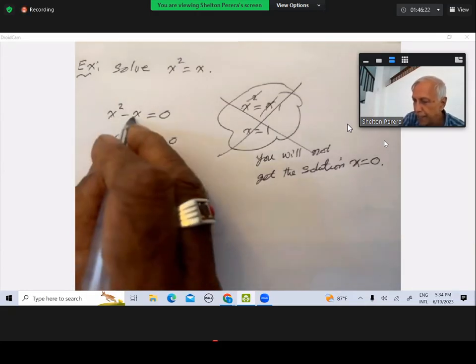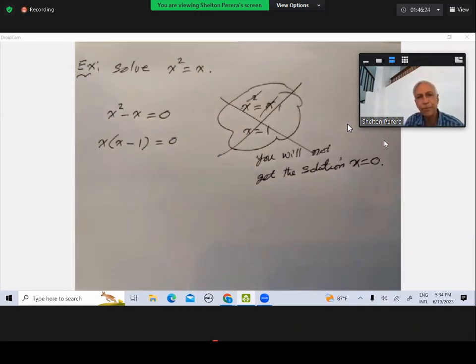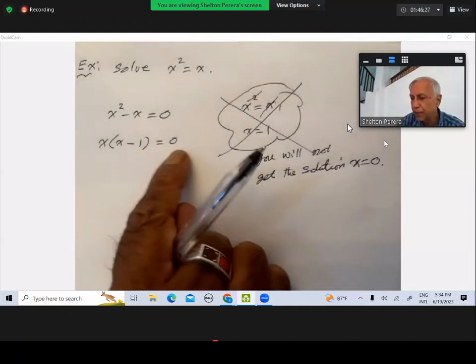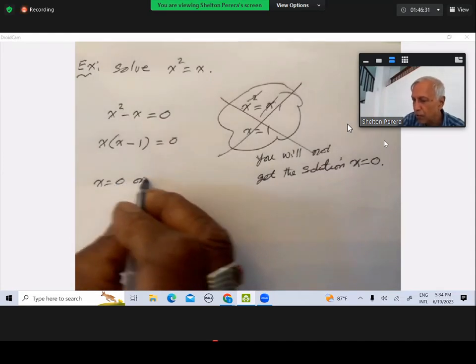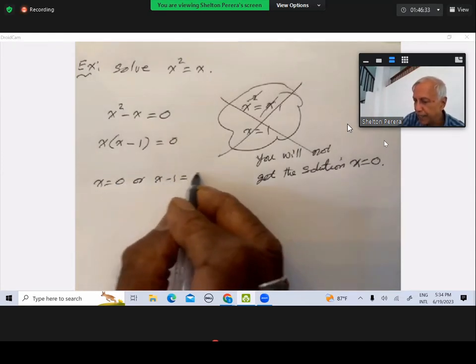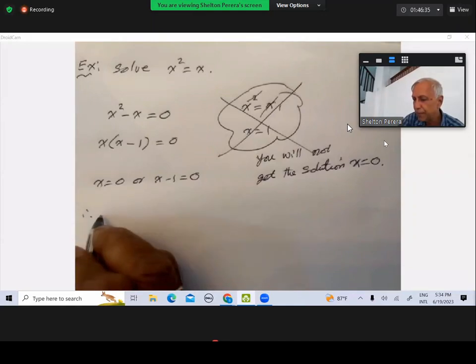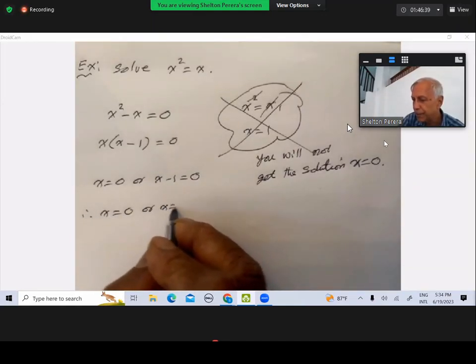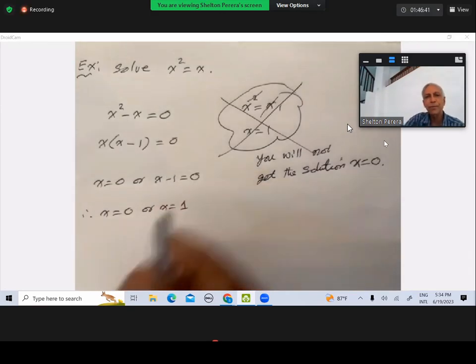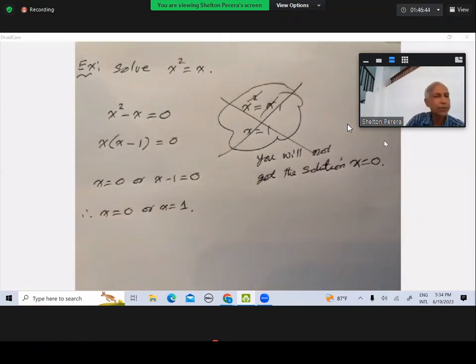Then negative x, so you just have to put 1. Now product of 2 equal to 0. So x equal to 0 or x minus 1 equal to 0. Therefore, x is equal to 0 or x is equal to 1 are the solutions.